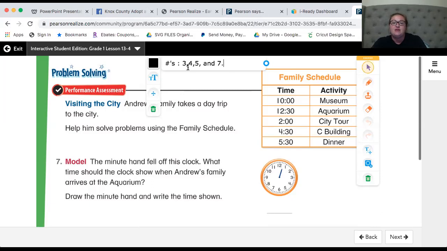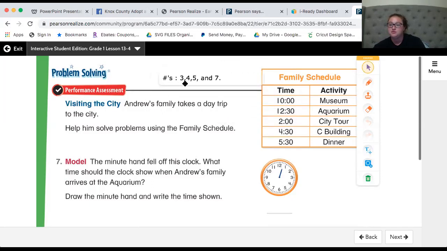After you do those problems, do not forget your solving or your quick check. So again, you're doing problems 3, 4, 5, and 7. Don't forget your quick check. And if you have any problems, let me know.